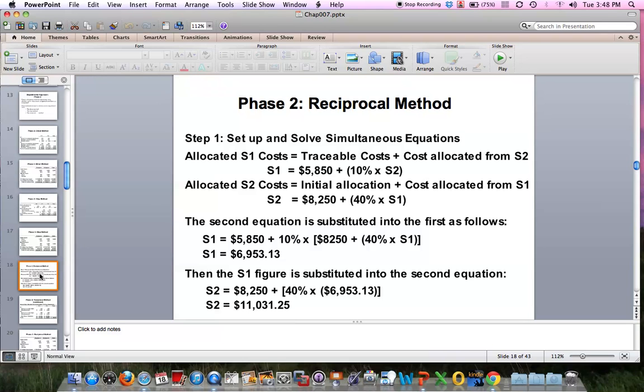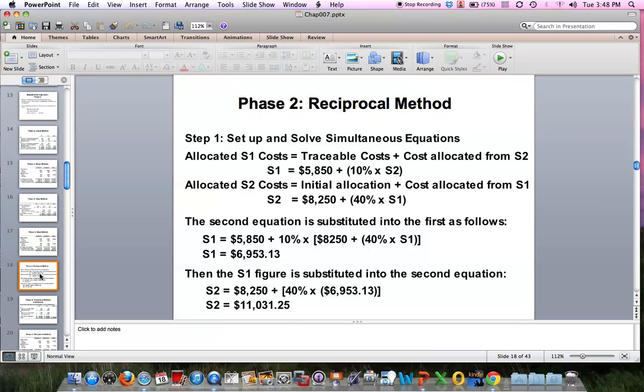It gets much more complicated when you have 3 or more departments, obviously. They describe the reciprocal method on page 232, and it's very important that you understand and walk through this. Again, the example in the book is a little bit better than what they summarize on the PowerPoint, so be sure to read through what you see on 232 for the reciprocal method.